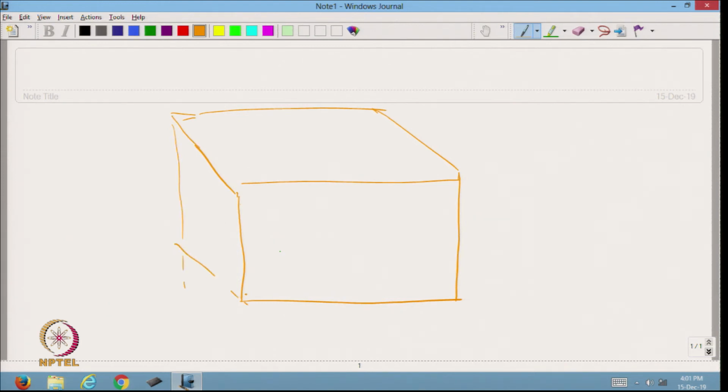This is one side of the mold. Suppose we want a hemispherical or curved shaped composite. This is the shape.